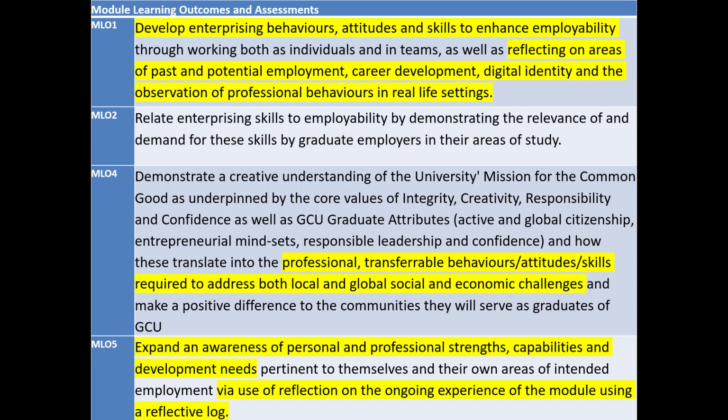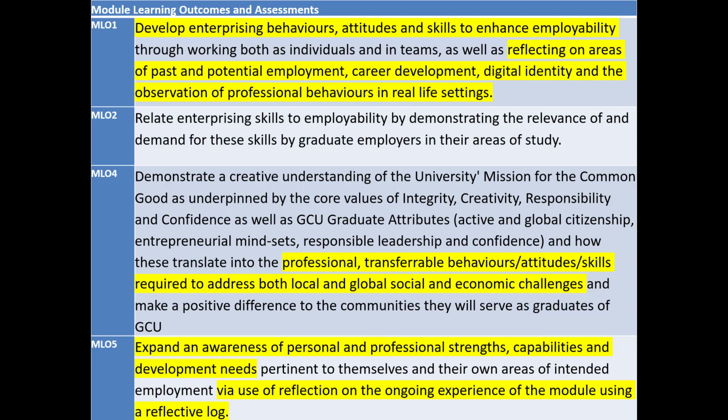As well as GCU graduate attributes, of being an active and global citizen, responsible leadership and confidence, and how these translate into the skills that you would use in your jobs. In other words, it's what is it about being a GCU graduate that lends itself or turns into the skills that you can use in the workplace.